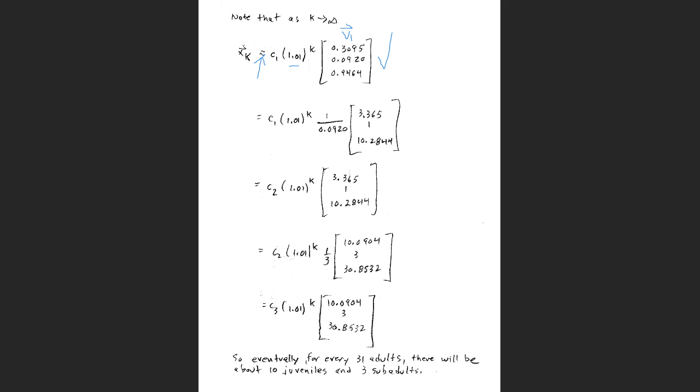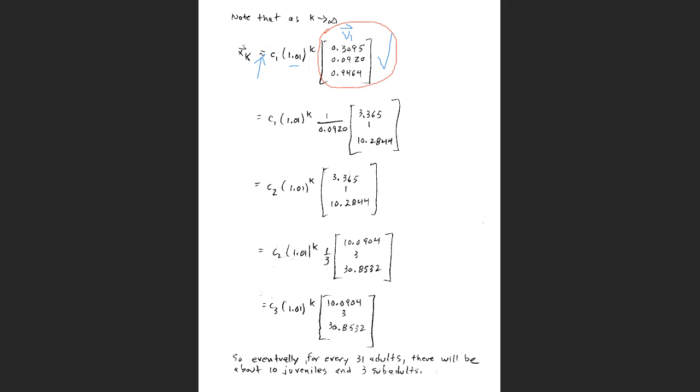But I have to manipulate this eigenvector so I can get numbers that I can interpret, so I can determine the ratio of adults to juveniles to subadults.